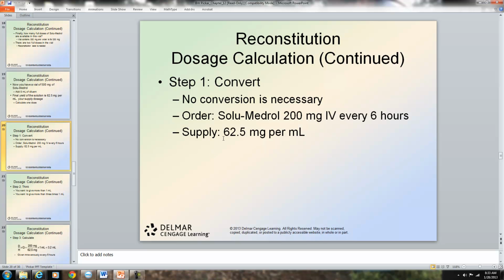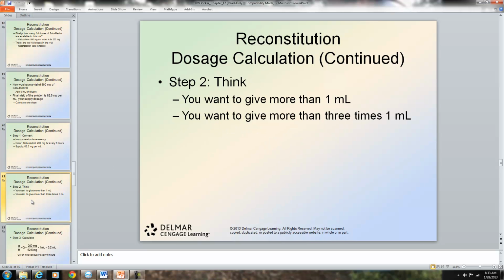The doctor has ordered 200 milligrams. We've got 62.5 milligrams. Do we have to give more than one or less than one? So we have to think about what is reasonable, and we know that we're going to be giving more than one.